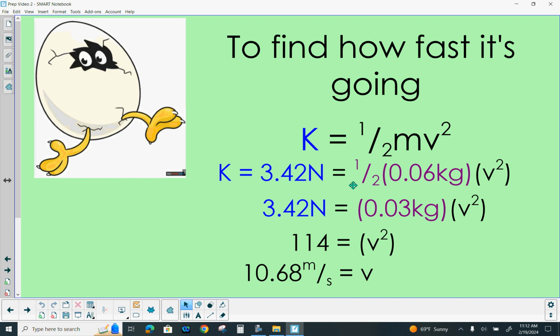That is equal to 1/2 of the mass times velocity squared. 1/2 of the mass is 0.03 kilograms. If we divide that from both sides, leaving velocity squared by itself, we have velocity squared is equal to 114. When we take the square root of both sides, that tells us that the egg was moving at 10.68 meters per second.